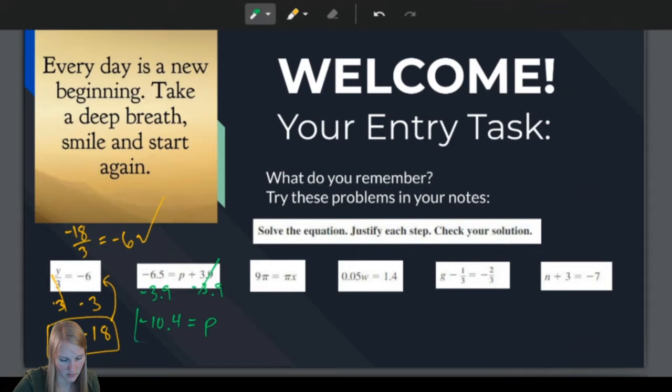So that equals p. Now you might notice these are going by really quickly. That's because there's only one step. We call these single step equations because it only takes one step to solve them. I just minus 3.9 from both sides and I'm done.